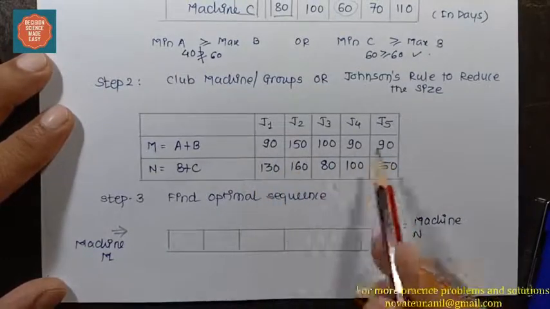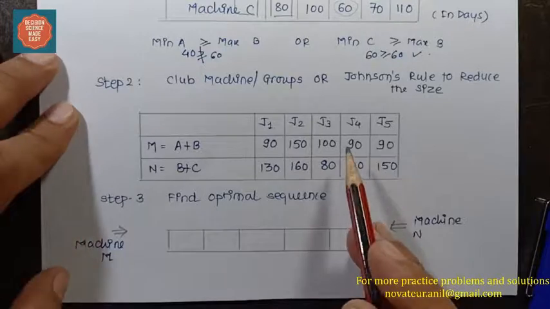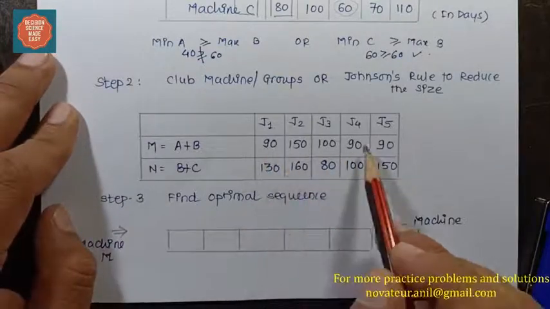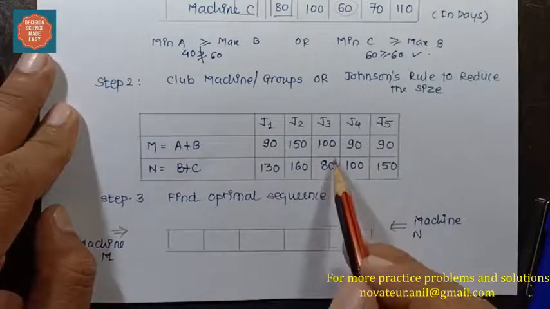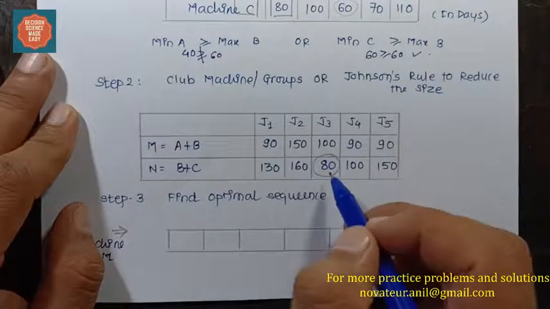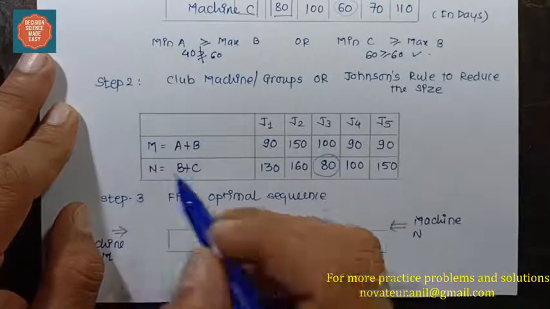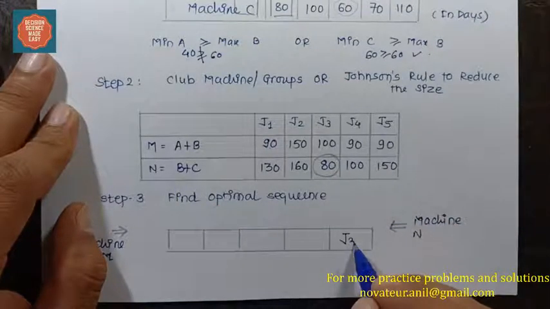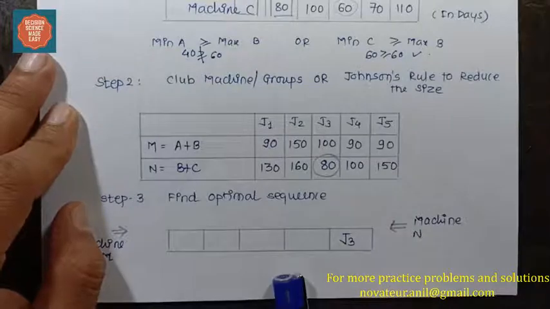Let's find the smallest number. The smallest number is 80. I'm going to allot 80, which is J3, and it belongs to N, so it goes on the right hand side. Now this is done.